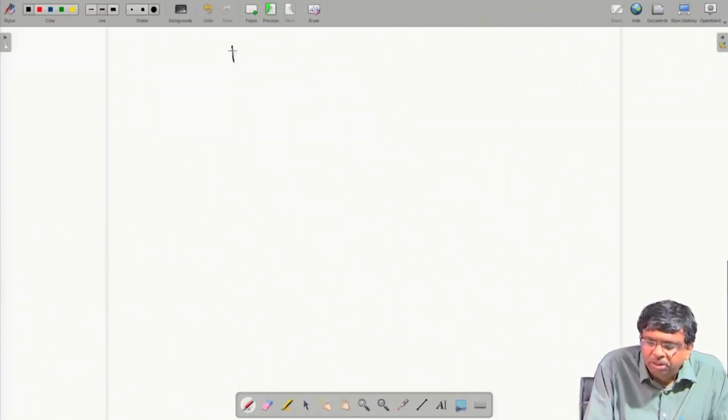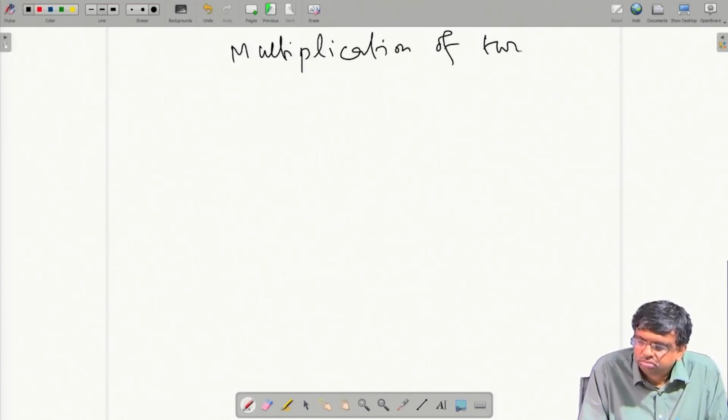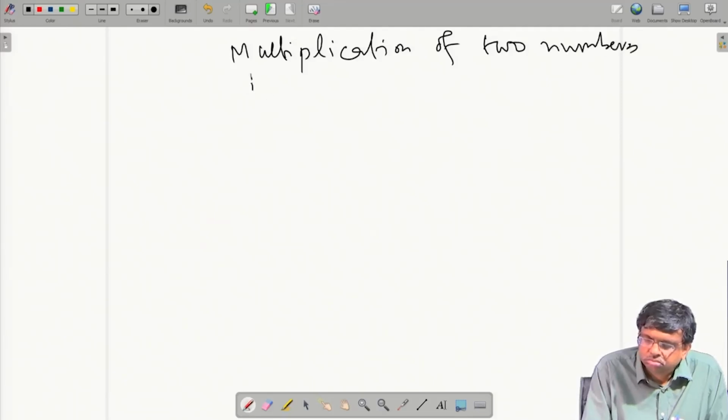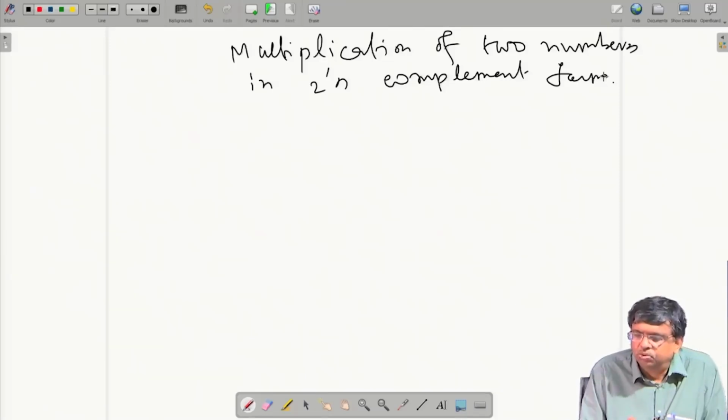Now, we consider multiplication. Multiplication of two numbers in two's complement form.